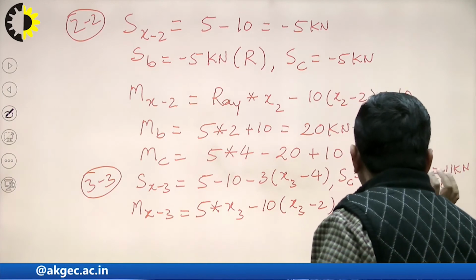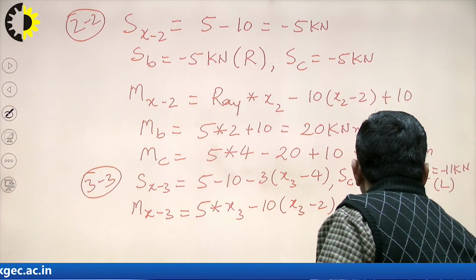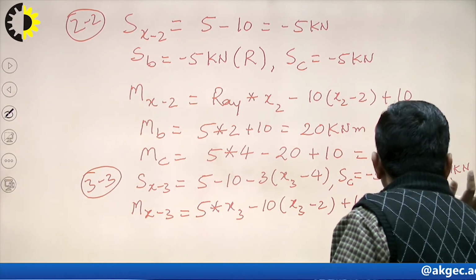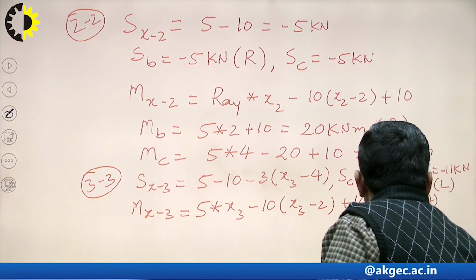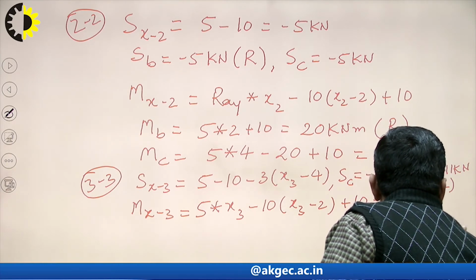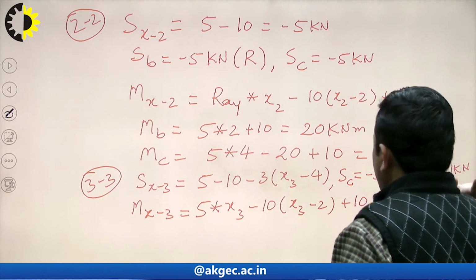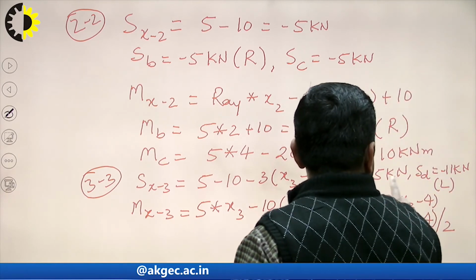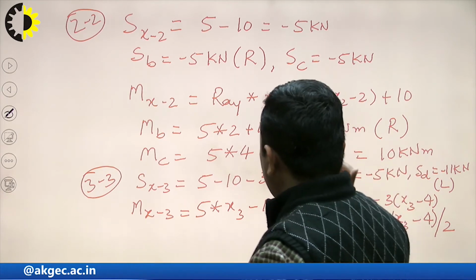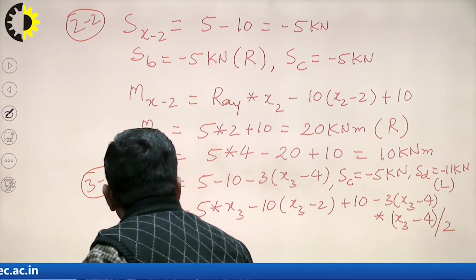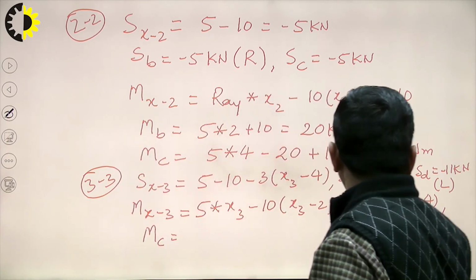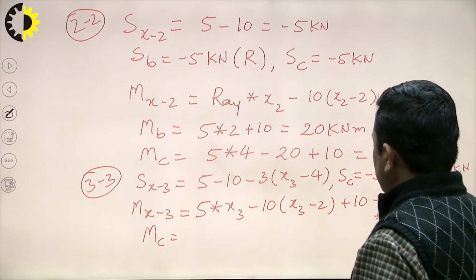So, now here I can write minus 3 into (x3 minus 4), this is the load, and the distance of this load from section plane 3 will be (x3 minus 4) by 2. Now, here you can observe the equation becomes parabolic. This is parabolic, x3 square is coming, and for finding out the value of bending moment for point C, x3 equal to 4. So, this term will become 0.